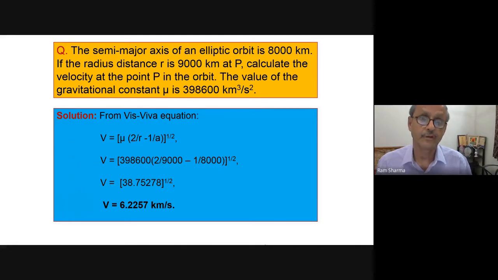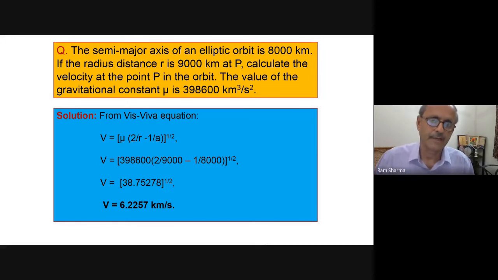We can use this even for our planets also. Then we have to use mu for the sun, and we can still calculate the values. Even then we are using Kepler's third law, but velocity can be calculated by this.